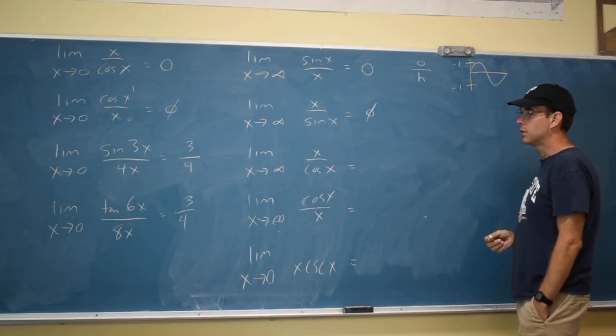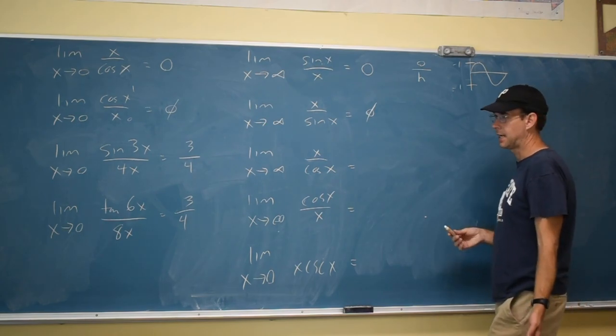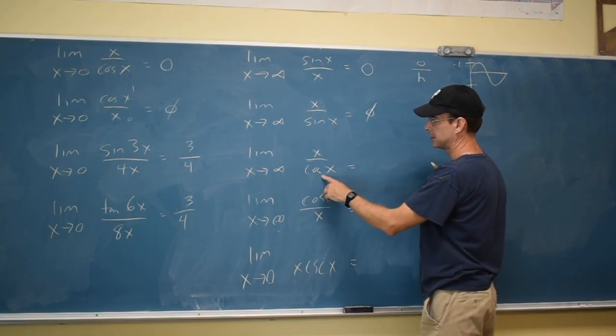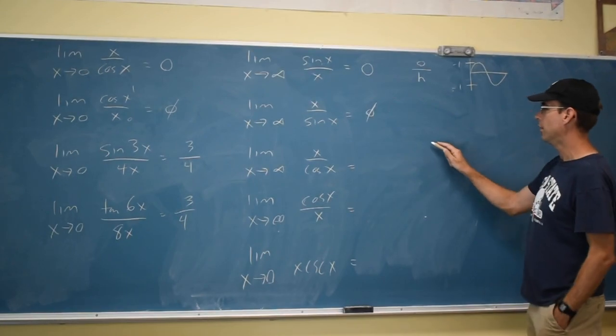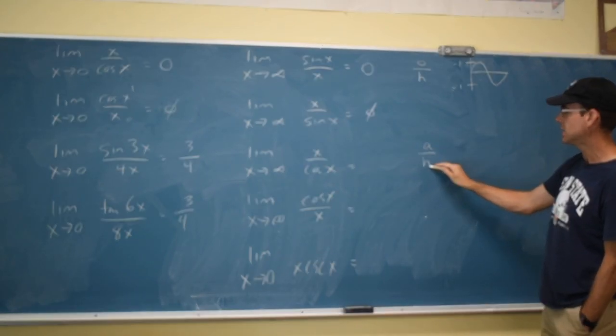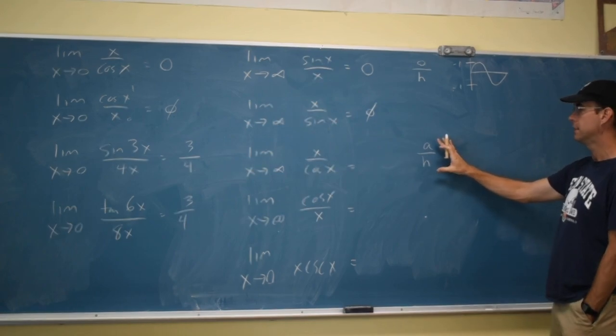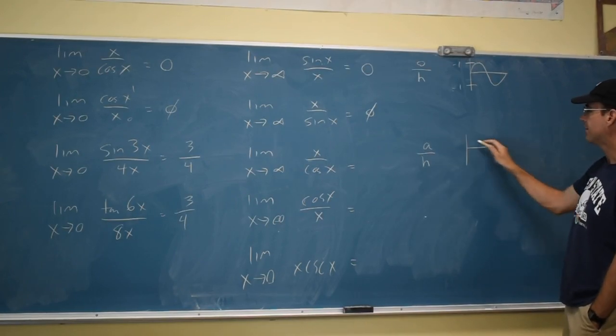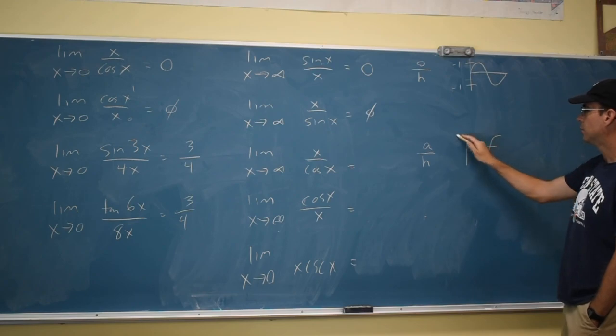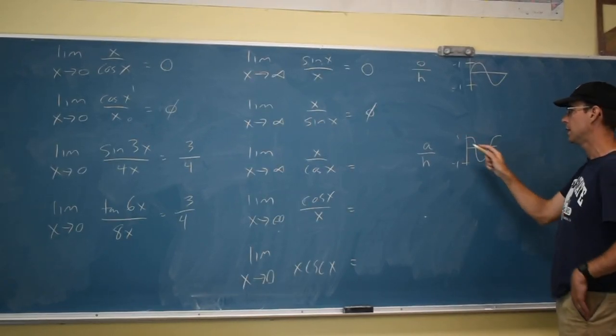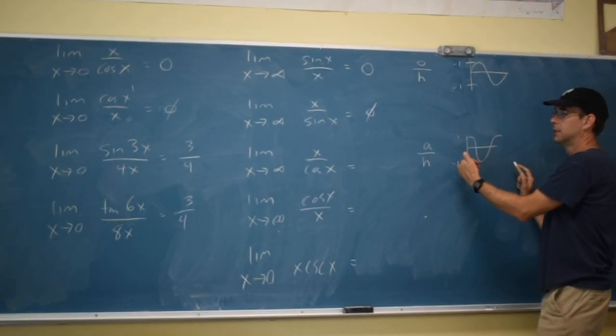If I play that game with cosine, you're going to see essentially the same kind of thing happen. Cosine is also stuck between negative 1 and 1, because cosine is the adjacent over the hypotenuse. Hypotenuse has to be biggest, so there's boundaries to that. Graphing cosine looked like that. Again, bounded in between positive and negative 1s.